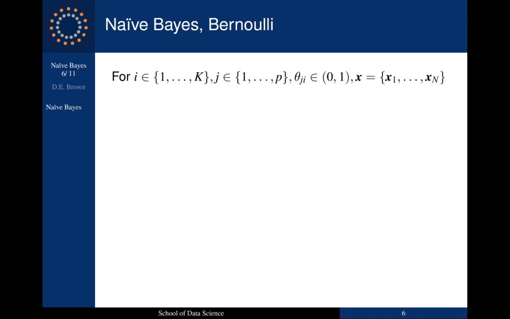So we could have a series of those features that we can incorporate here. And again, we've got K classes, we've got P features of these Bernoulli type, and we have N applicants in this case, and that's the X1 through Xn, where each one of those is a vector with the scores for each one of those features.